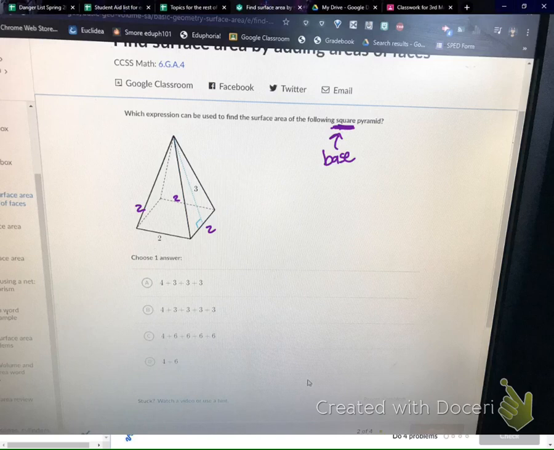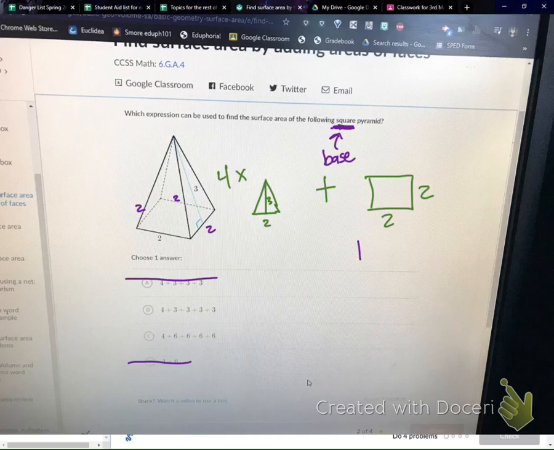So surface area is certainly not that one or that one because we just don't have enough faces. So looking at this, that means I've got 4 of these triangle shapes on each side. That appears to have a base of 2 and a height of 3. And so 4 of those, and 1 square base at the bottom, which is 2 by 2.